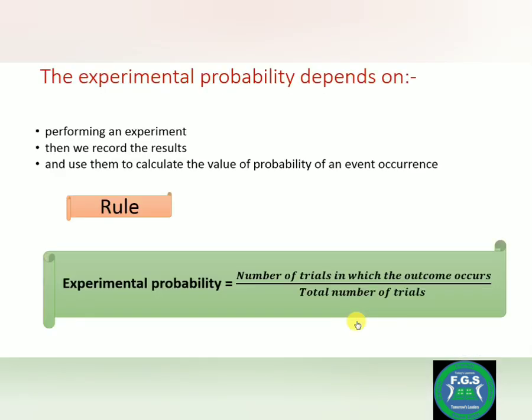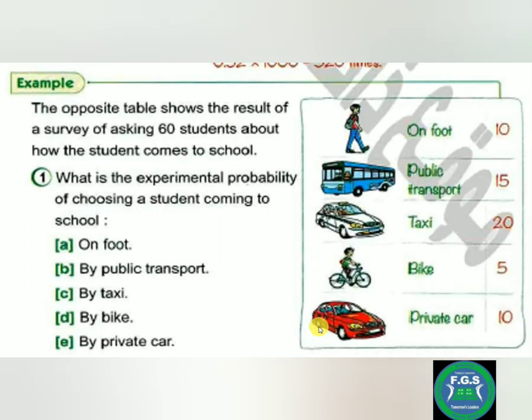Let's do an exercise together. Let's see this example together. The opposite table shows the result of a survey asking 60 students how they come to school.